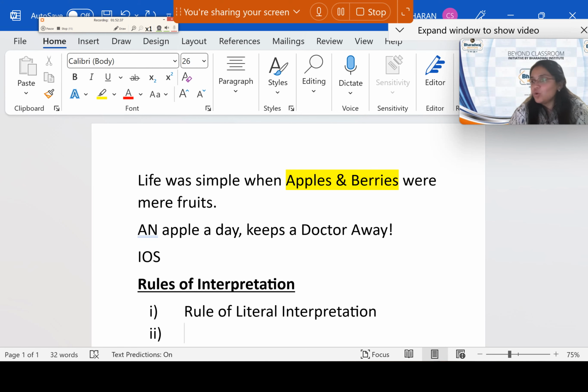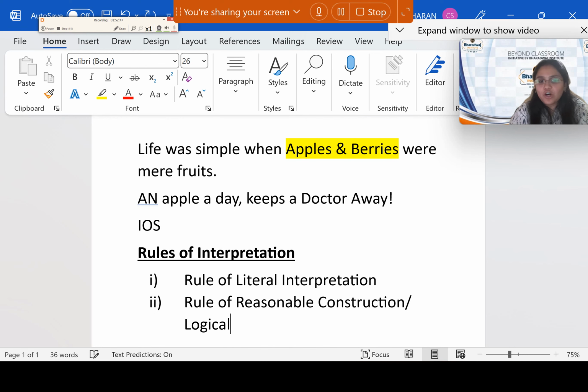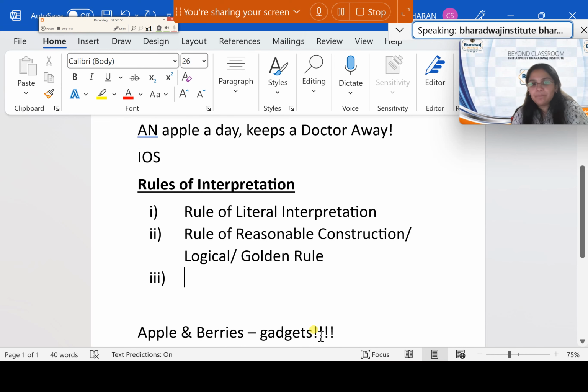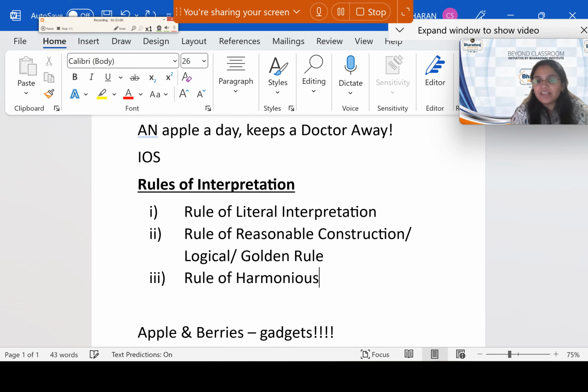The second rule is called the rule of reasonable construction or logical construction, or you can also call this the golden rule. You can say it either way. The next rule we are going to learn is the rule of harmonious construction.